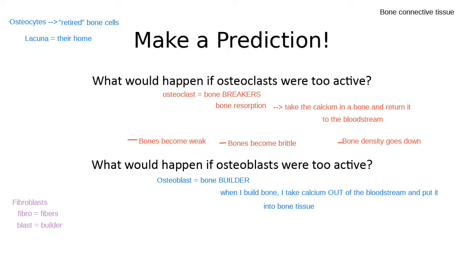Remind me again, what's the general name for bone cells? My retired bone cells, shall we say. What's the name of those guys? Yeah, those guys are called the osteocytes. Osteocytes. The part of bone connective tissue is those osteocytes. The other part is that stuff we talked about called extracellular matrix.